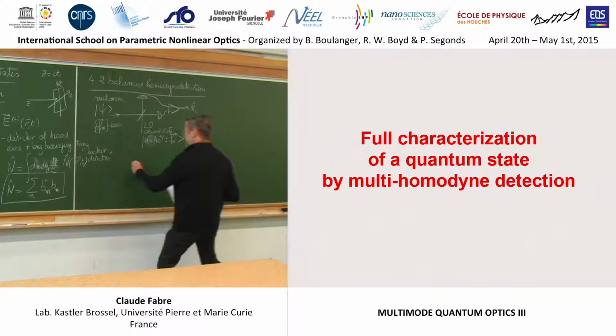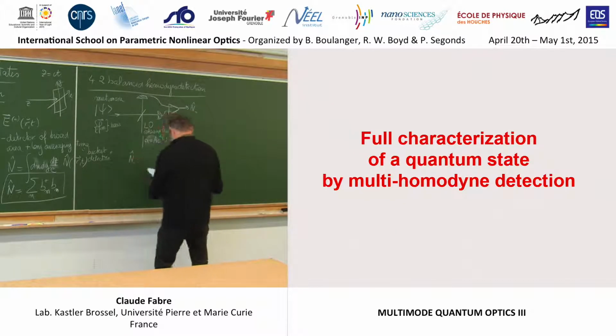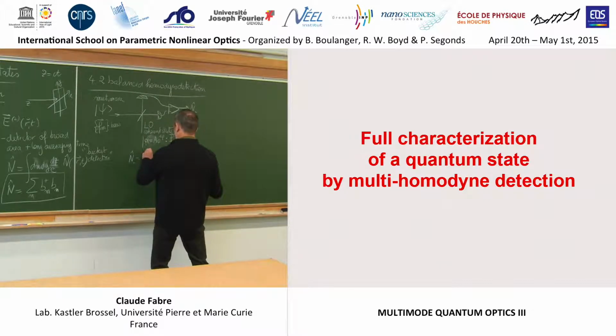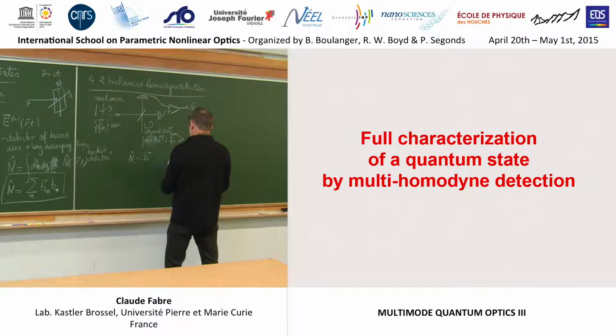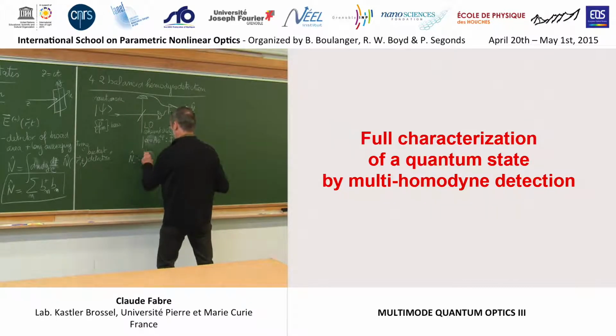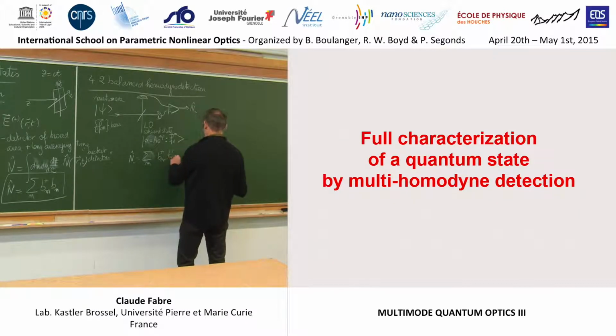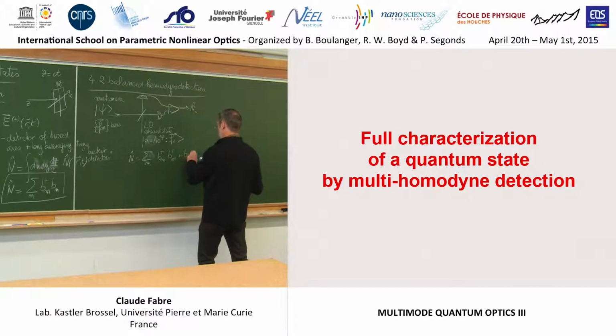And n minus at the end of that is found to be the sum over m of b dagger m b prime m plus b m b prime dagger m.